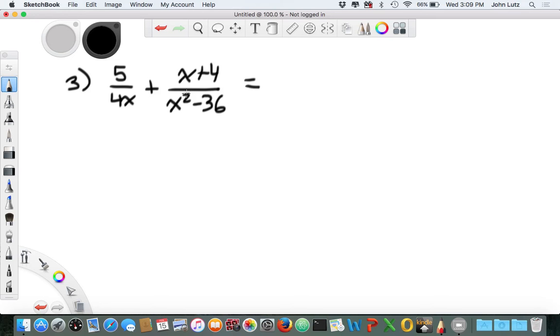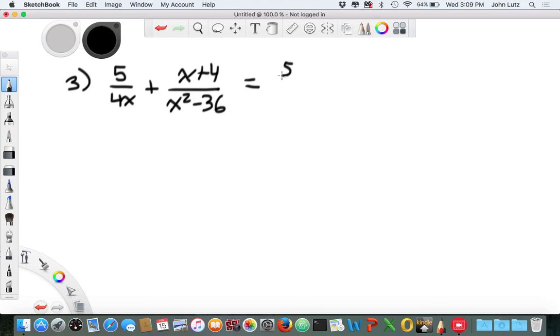Okay, number 2, which is going to be an addition problem. Or would you rather have me do number 3? Also an addition problem, a little bit more difficult. Let's take a look at number 3. Number 3, I've got 5 over 4x plus x plus 4 over x squared minus 36. I don't know if it's more difficult. I'm going to take my first fraction here and multiply both the top and the bottom by the denominator here.